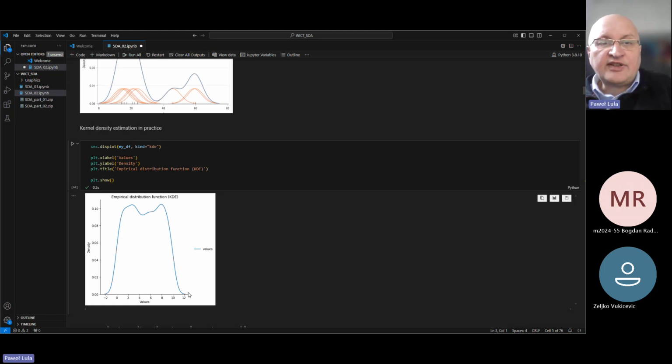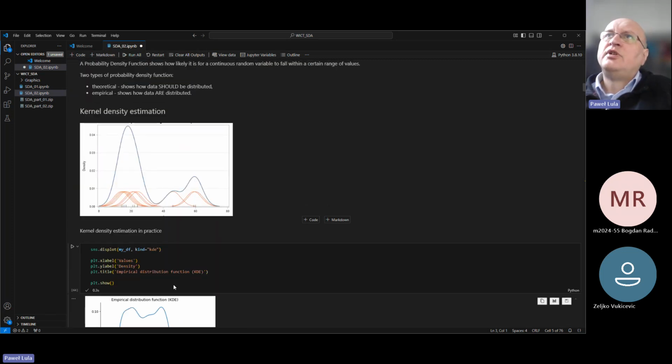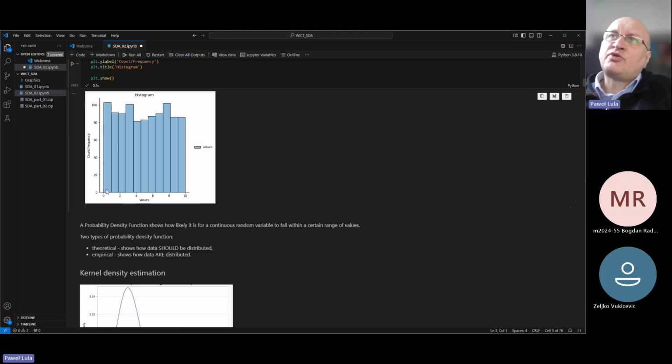Of course, it is estimated using some statistical methods. I will show you this method, which is used for generating these plots. So we see the shape of this distribution. The shape of this distribution, of course, is similar to the shape of this picture.